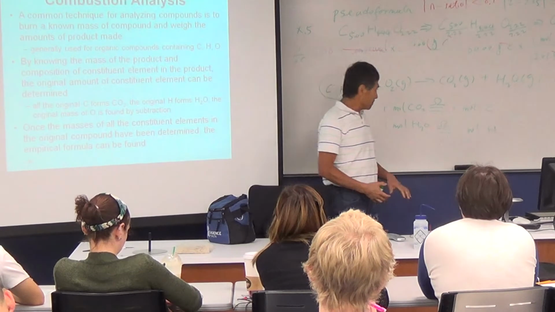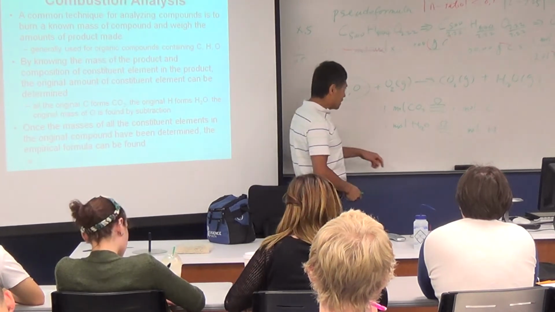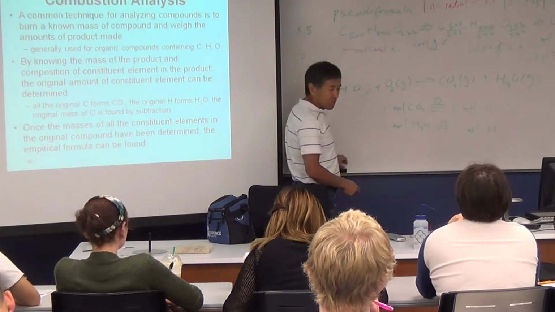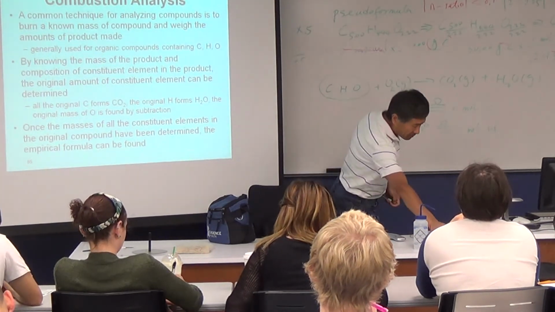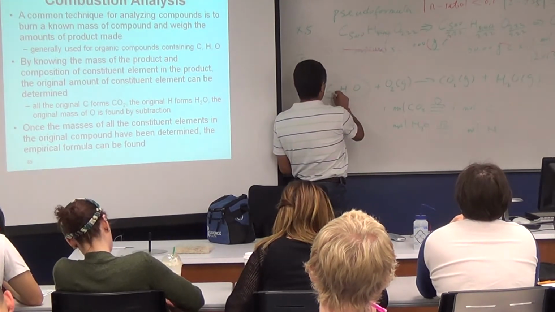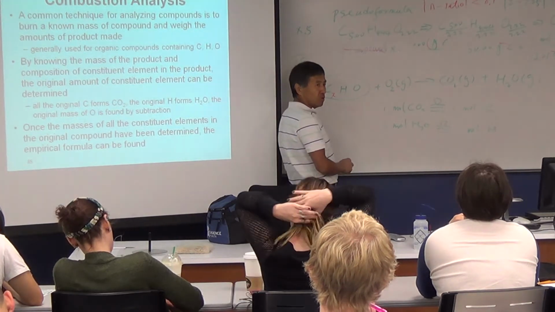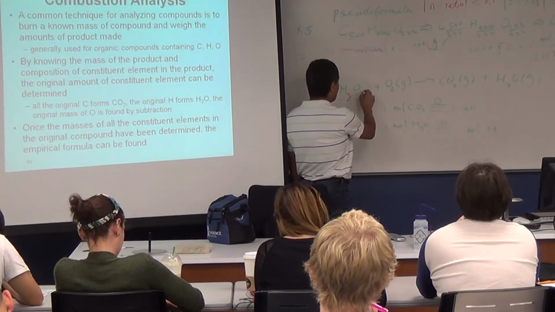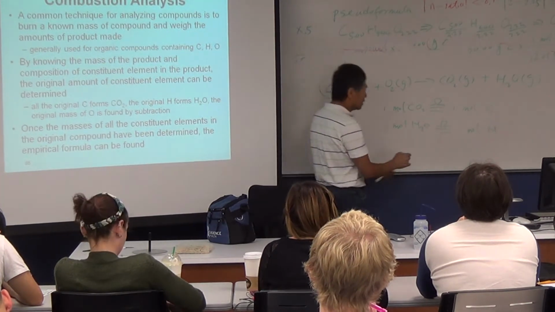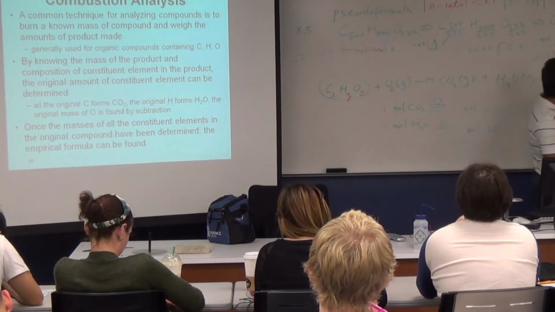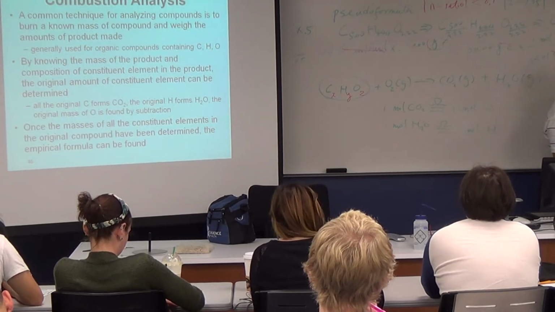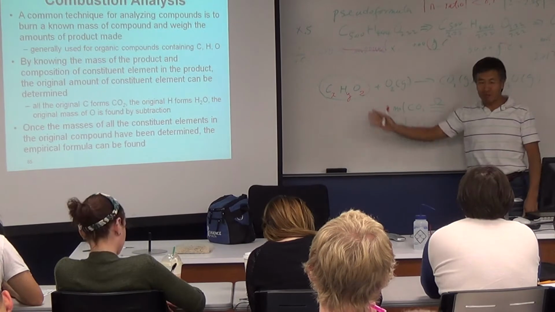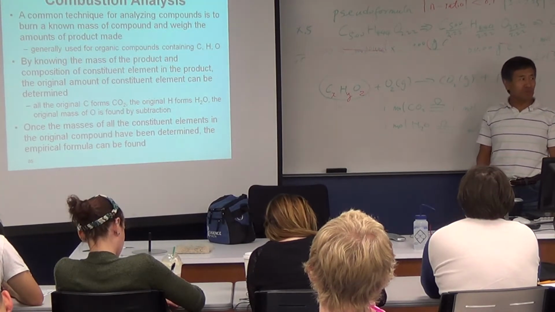Okay? Now you want to find out the numerical formula, which means you want to find the number for carbon, you can call that X, the number for H, you can call that Y, and the number for this one. So that will be our example. In this example here, you have 9 for C, 8 for H, and 4 for O. But you don't know the numbers, but you know you will have some numbers, right?